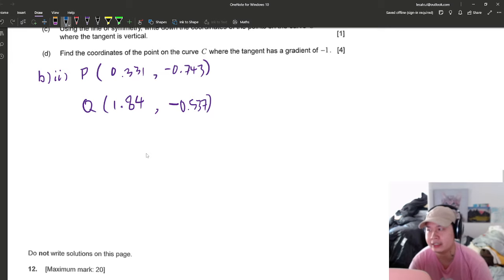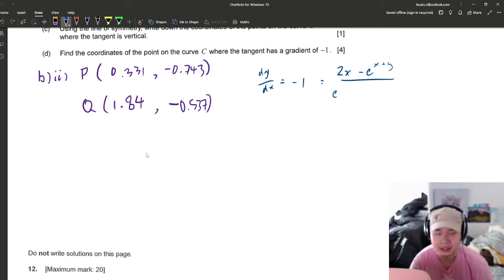If you don't like eyeballing it like that, then what you would do is set the derivative dy/dx to -1. This is (2x minus e^(x+y)) over (e^(x+y) minus 2y). So this multiplies here.